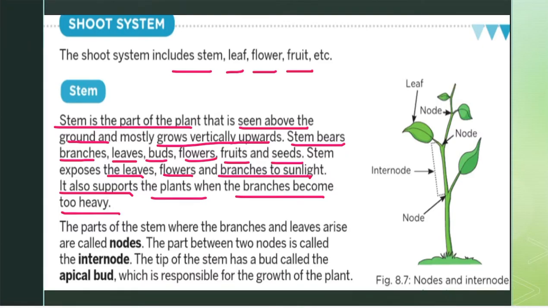Now let us understand what is node, what is internode and what is apical bud. Now the parts of the stem where the branches and leaves arise are called nodes.